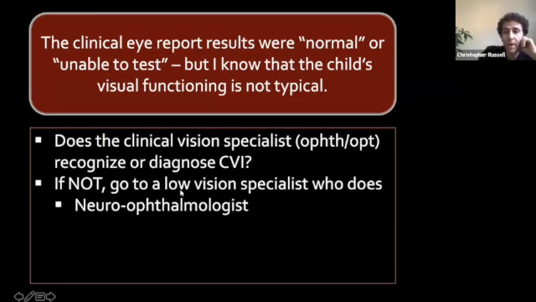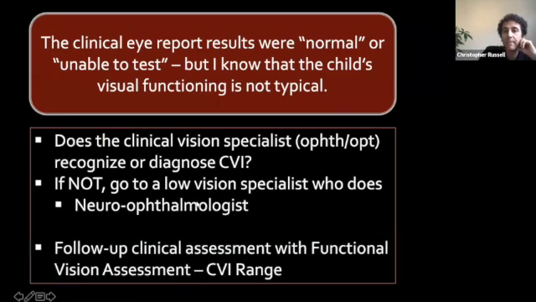So again, you still want to ask that same question. And most importantly, follow up clinical assessment with functional vision assessment. Clinical assessment, like I said, doesn't give us that much useful information about functioning. We really need functional assessment for that. So what if the functional vision assessment does not address CVI?